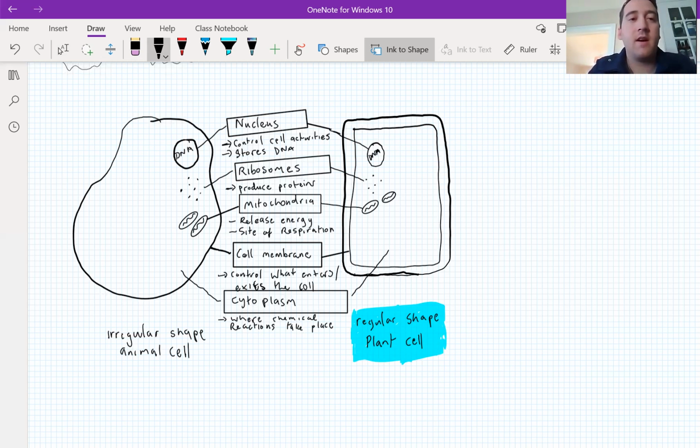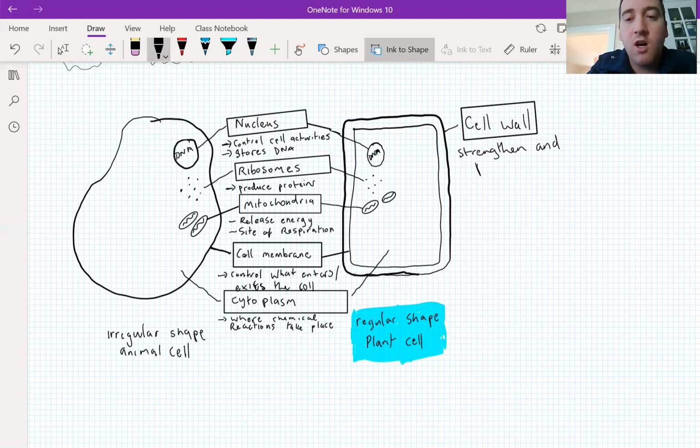And this part is called the cell wall. The cell wall's job is to strengthen and protect the plant cell. That's its job or its function.